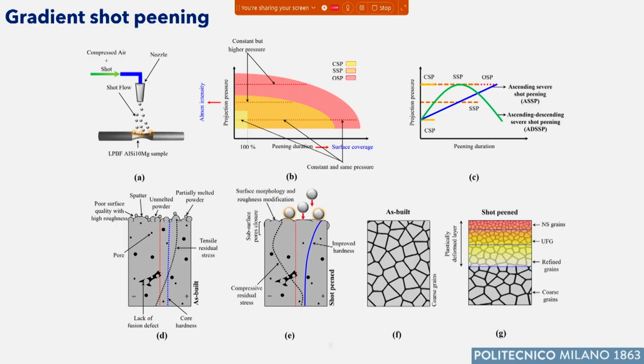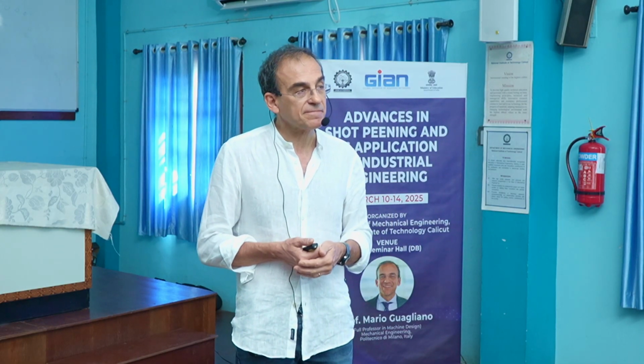So starting from a low value, typical of conventional shot peening, and then step by step during the treatment going up to an upper value of the pressure. So something that is able to instantaneously increase the Almen intensity we are applying.